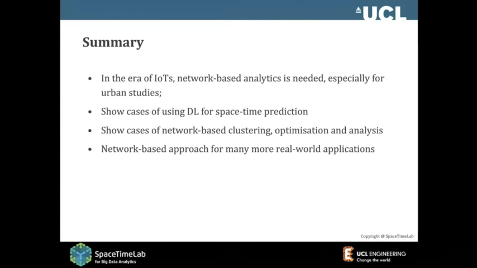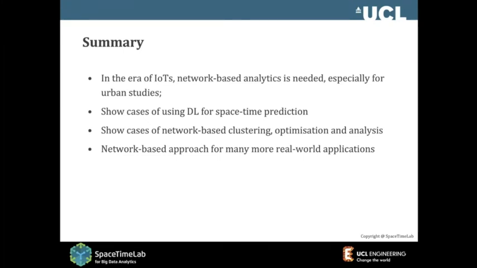To summarize, I hope that in the era of the Internet of Things, network-based analytics is needed, especially for urban studies. I already showed you how we can use deep learning for space-time prediction, and the network-based approach can also be used for clustering, optimization, and analysis.